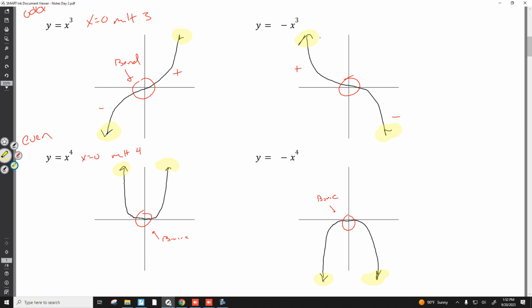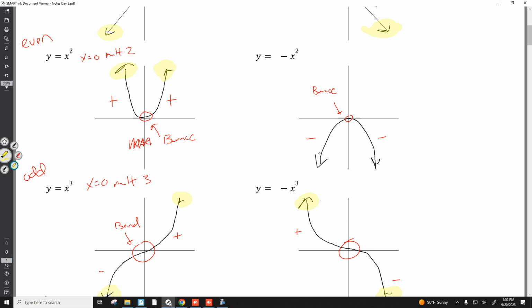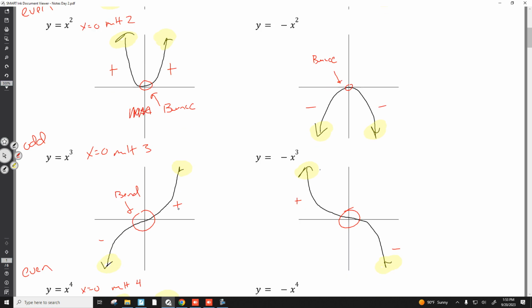By understanding just these simple graphs of parents, you will be able to use this information to help you understand more complex polynomials. Okay? So, 2 things, multiplicities and now end behavior. Okay? Here we go.